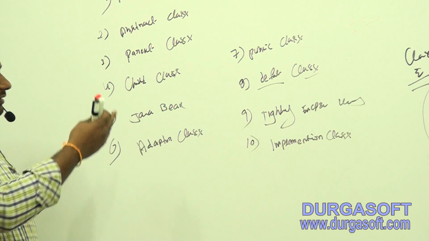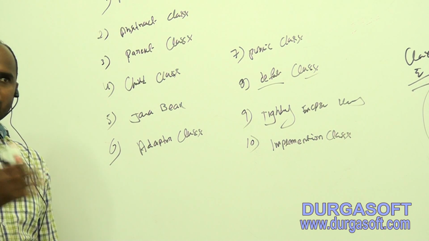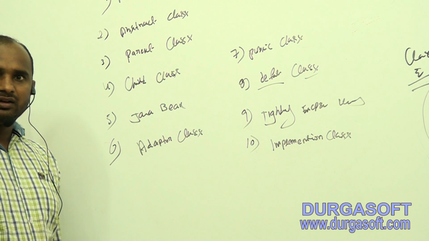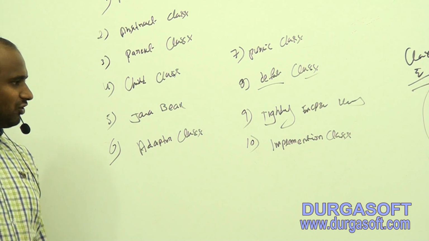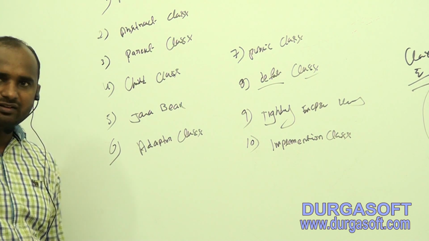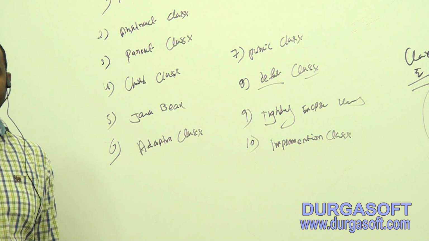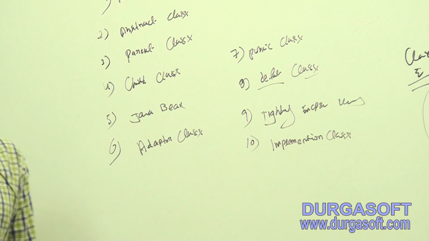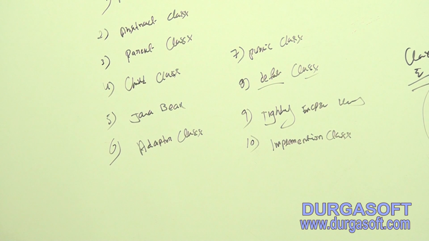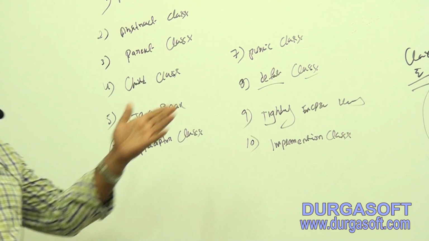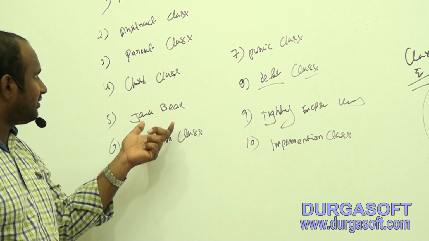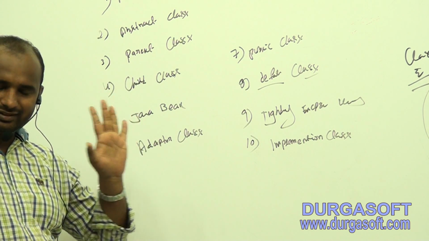So don't think everything was introduced by Sun Microsystems. Sun Microsystems never says Java contains 15 classes, 23 methods. This is our convention, just that. Once you complete Java, you must know the meaning of all these classes. One person says parent class, child class, these are not exact classes.